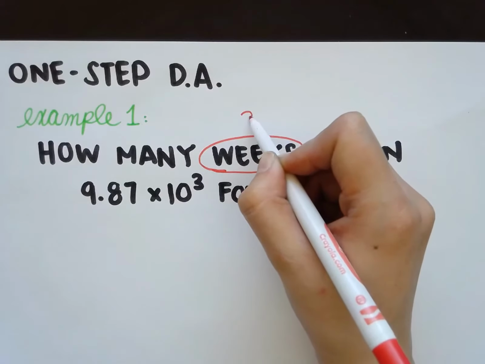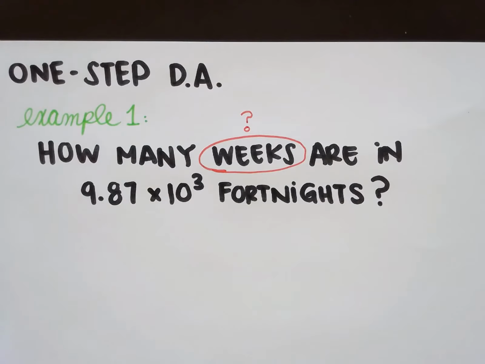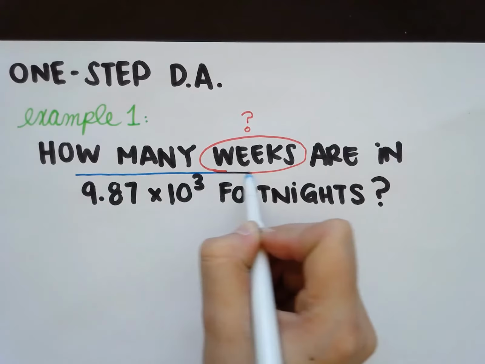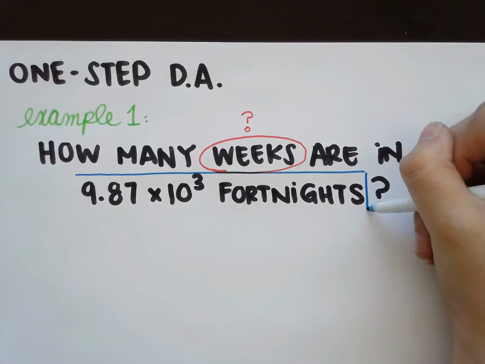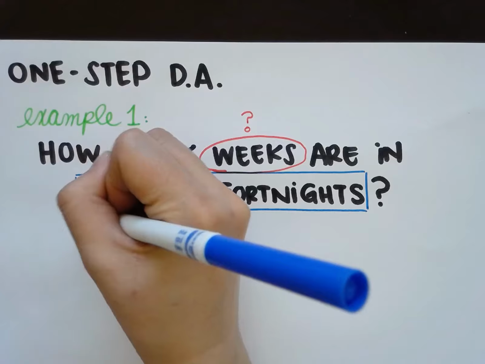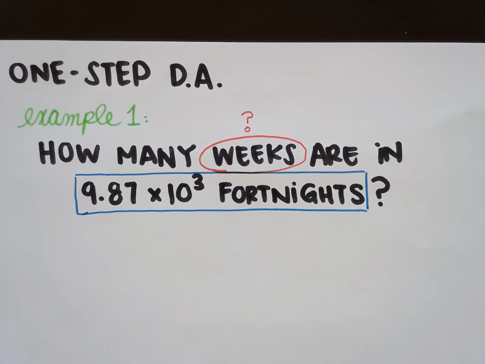So I would mark that up, and I'd probably put a circle around it and put a question mark because that's what I'm looking for. The next thing is what I actually have, what I'm given. I know that I have this number of fortnights. Now, fortnights is a really weird way to tell time, but hey, who are we to judge?